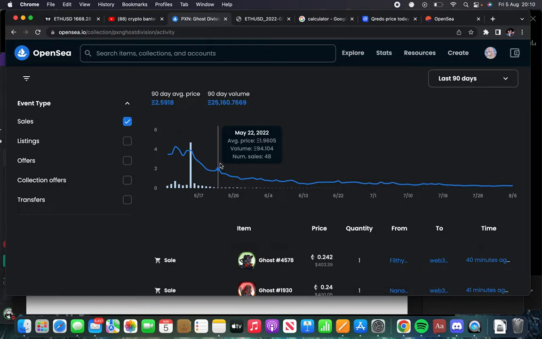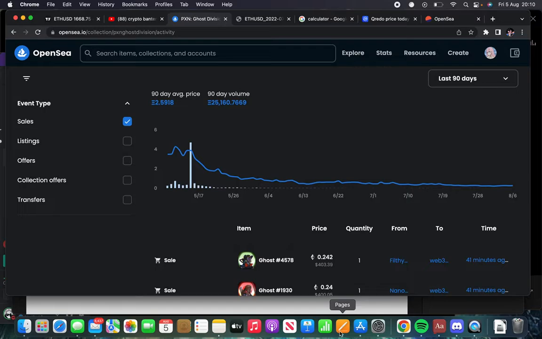Because if that 0.4 ETH goes down 50% to 0.2, I won't be as bothered as if I invest 1.5, 2 ETH with all my liquidity and it goes down 50%.